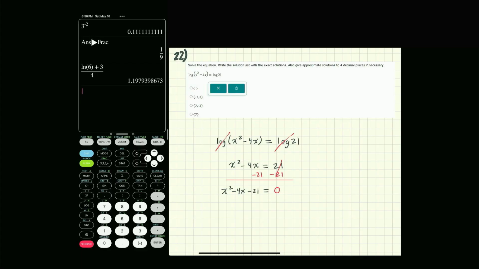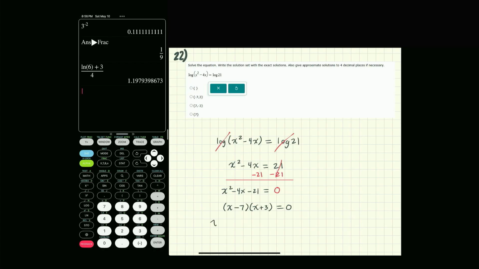So now we're looking for two numbers we can multiply to make negative 21, but those same two numbers have to add up to negative 4. I'm thinking negative 7 and a positive 3. Negative 7 times 3 is negative 21. Negative 7 plus 3 is negative 4.